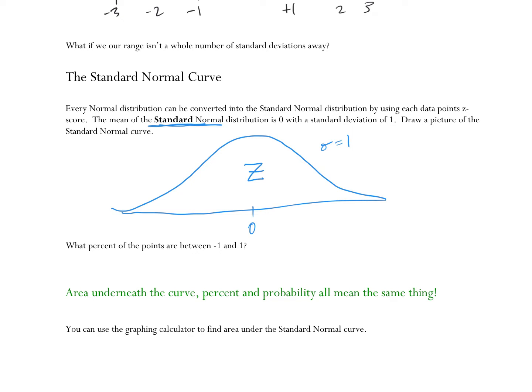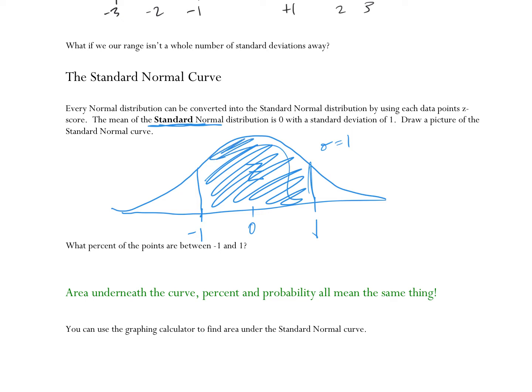So, if I asked you what percent on this graph is between -1 and +1, could we answer that question? What is this percentage? 68%. It's 68%, because that's exactly 1 standard deviation above and below the mean.